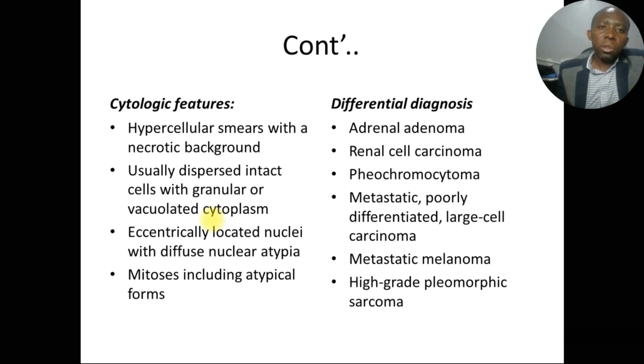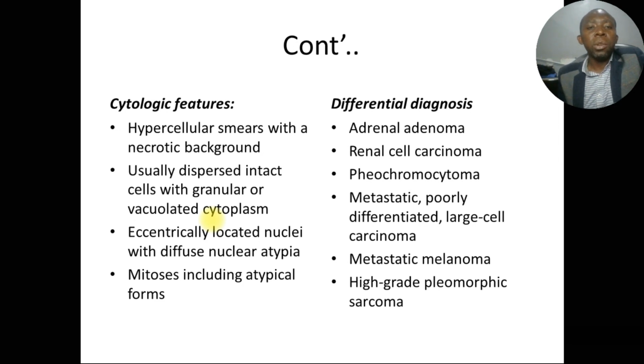So we look at the cytologic features that we encounter for this case. We expect to have a hypercellular smear. You remember in the cases of the benign, we had moderate cellularity, but here we have hypercellularity with a necrotic background, which was not the case in the benign.